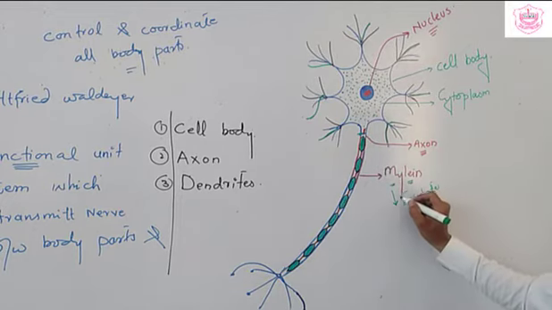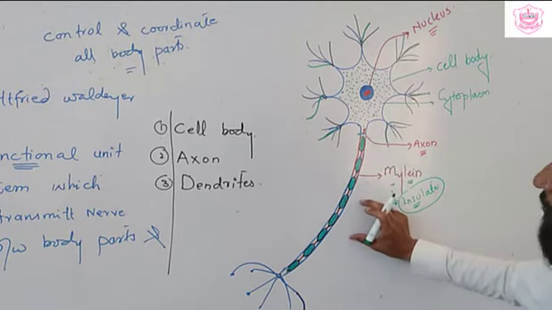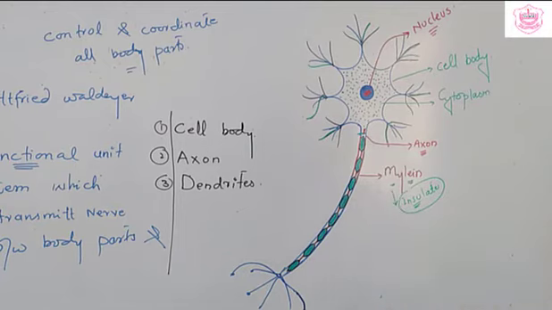Actually, what is its work? It regulates the flow, or we can say wave, of electrochemical changes through the axon, and that wave of electrochemical changes is known as a nerve impulse.